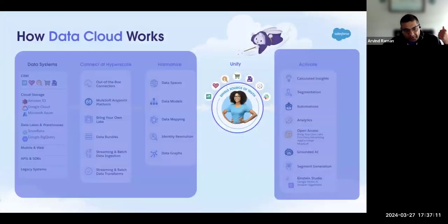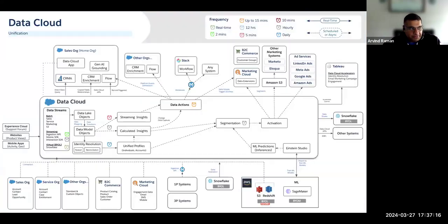Sure. Now that you have your harmonized data, you can start to unify it, right? Within this enterprise architecture, where does unification live? It's basically this step right here. That blue box, when we run identity resolution, the output is a unified profile, which can be a unified individual or a unified account.